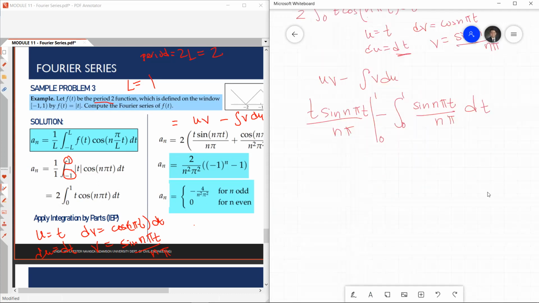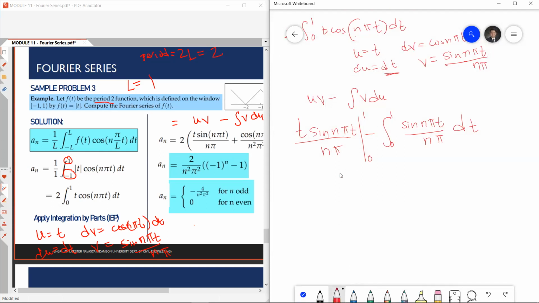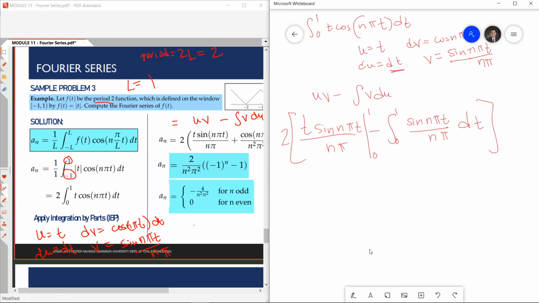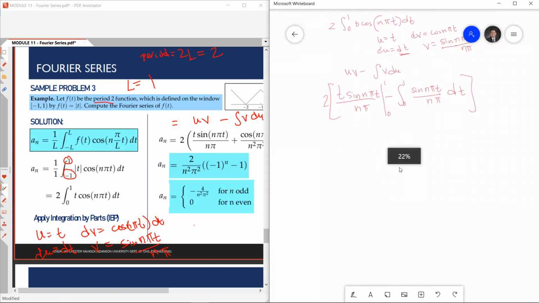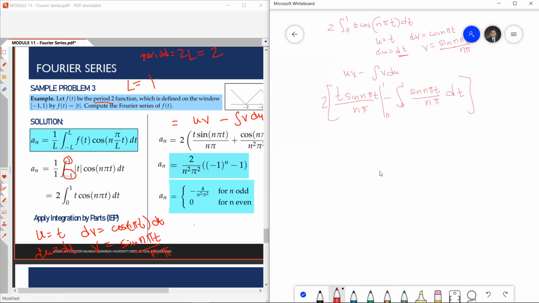Let's go back here. I'll evaluate this later. I still have the 2 outside. Now, the integral of sine n pi t over n pi dt. We are just integrating with respect to t, so n and pi are constant.